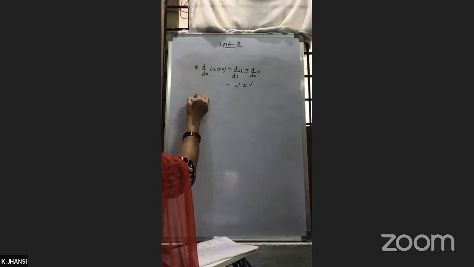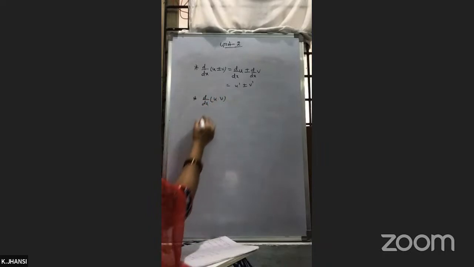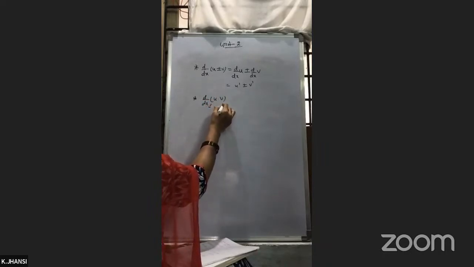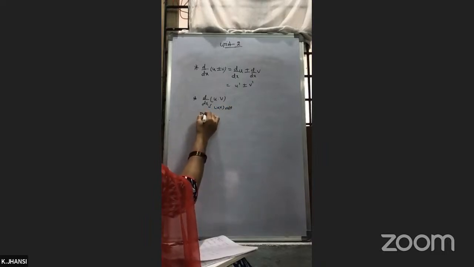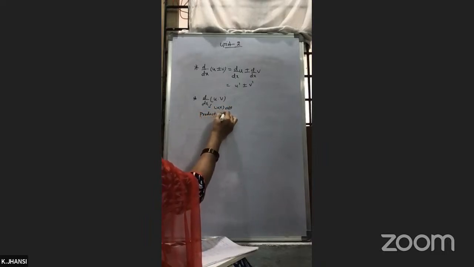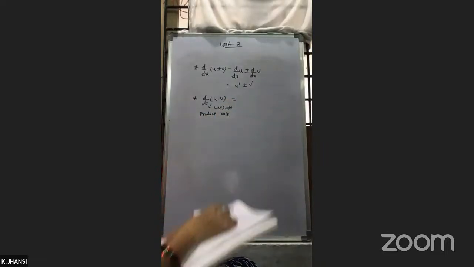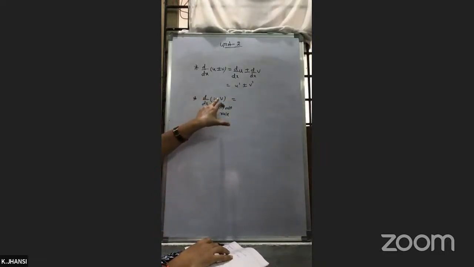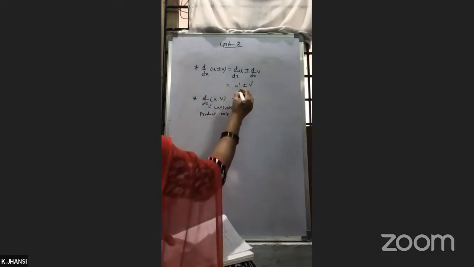Next, if we take d by dx of u into v, this is called the uv rule or product rule. Two functions are there, so one function you keep constant and for the next function you do the differentiation.